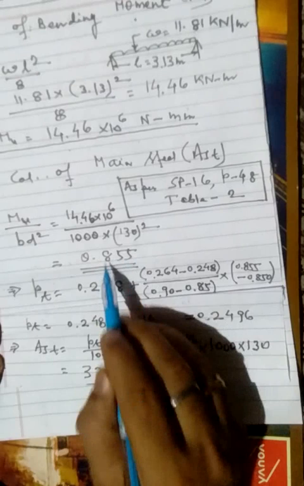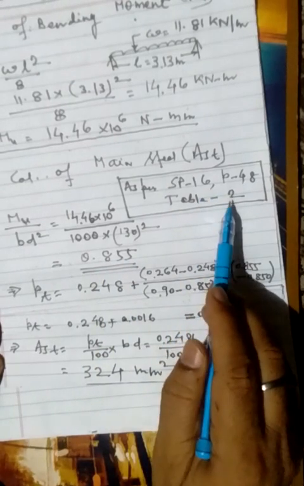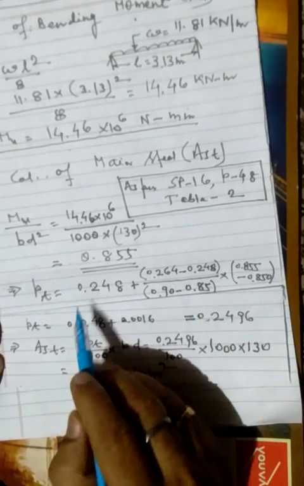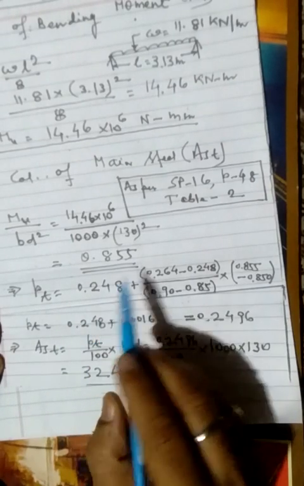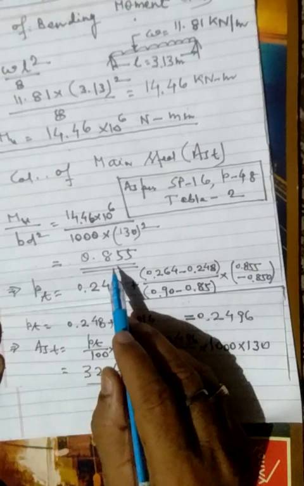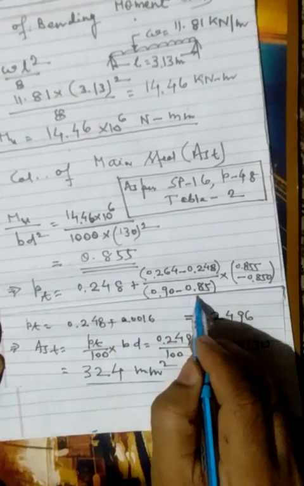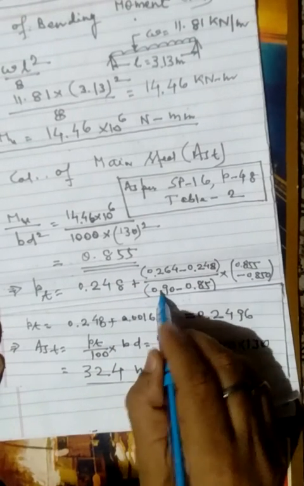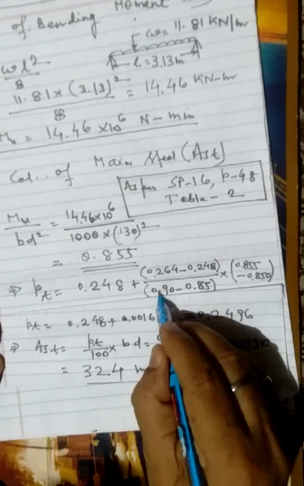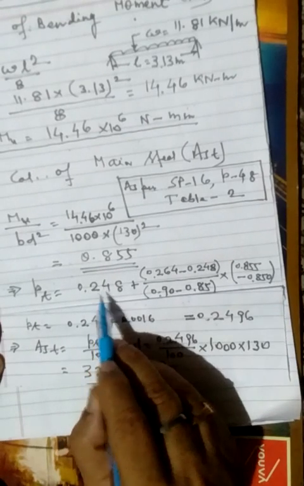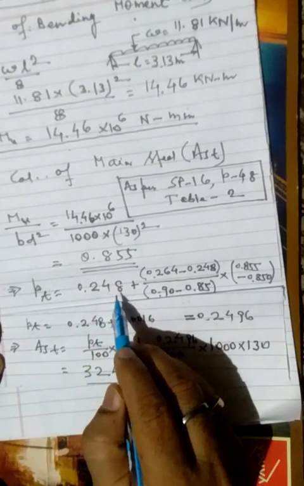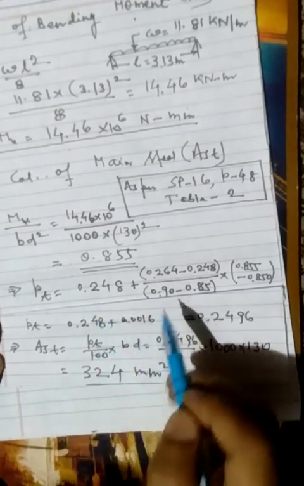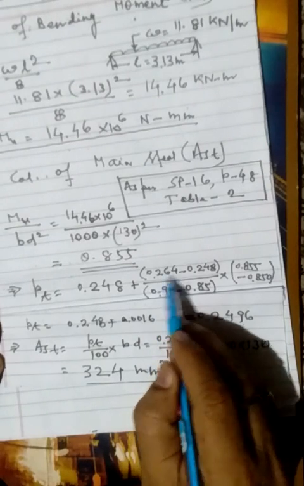Now for this ratio from the SP16 table 2, we get pt equal to, for the value available in the table is between 0.85 and 0.9. So the value corresponding to 0.85 is 0.248 and the value corresponding to the next higher value 0.9 is 0.264.